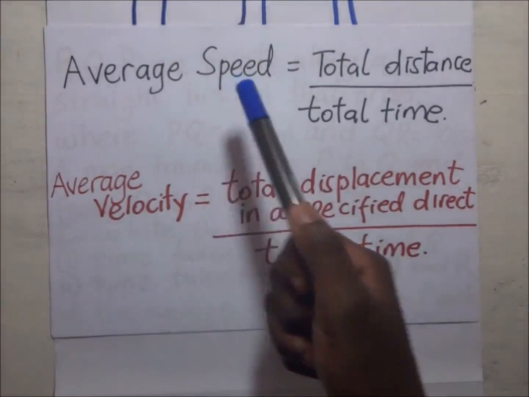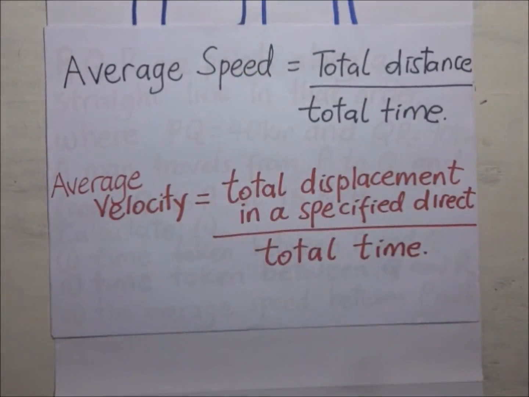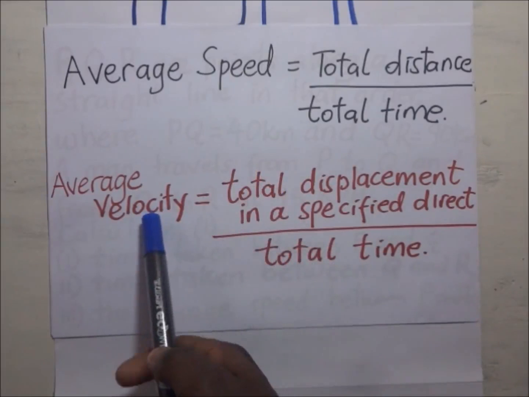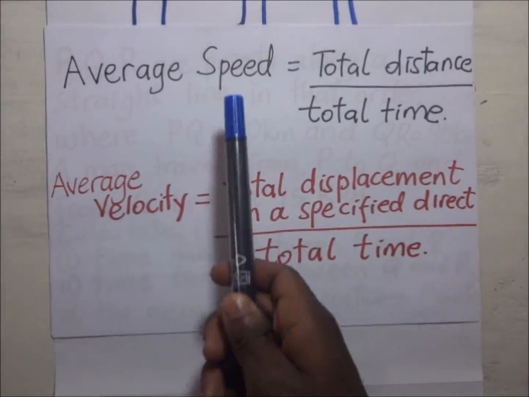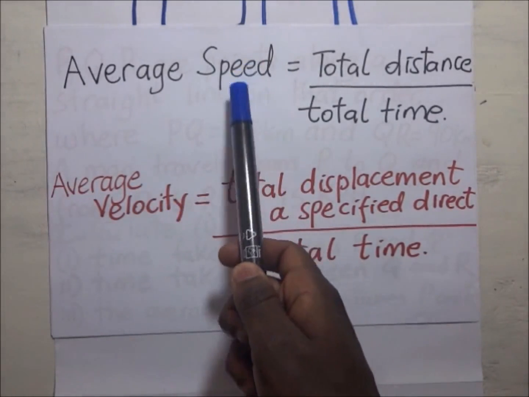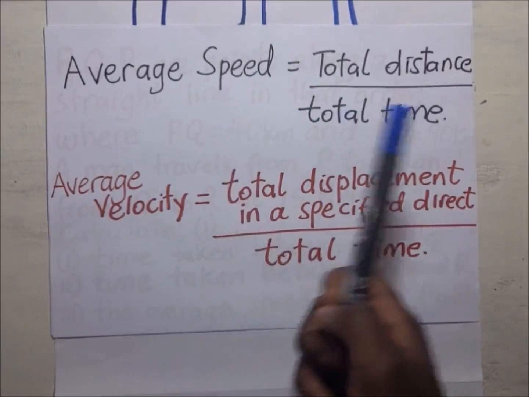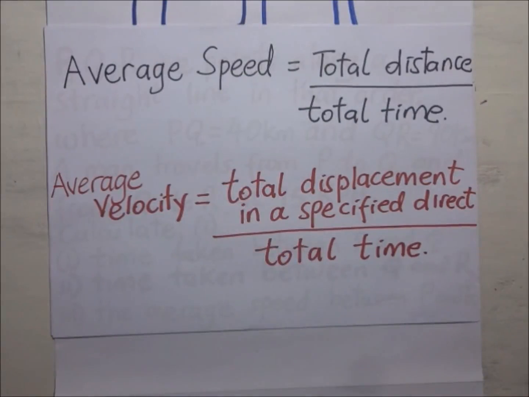A scalar quantity is a quantity that only has magnitude and does not have direction. In this case, velocity is a vector quantity because it has both magnitude and direction, but speed is only a scalar quantity because it only has magnitude and no direction.